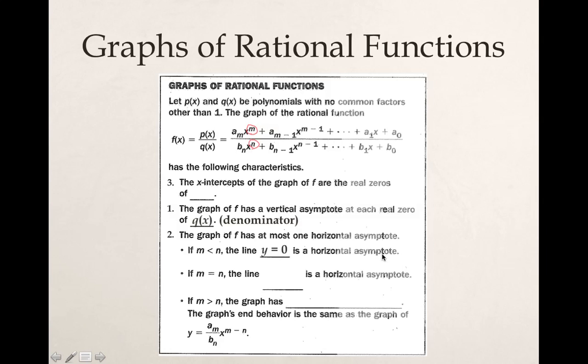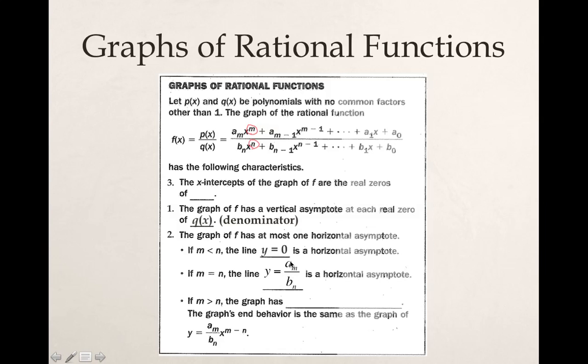So the x-axis is going to be the horizontal asymptote every time m is less than n. If these two degrees, these two exponents, are equal to each other, then the line will be determined by taking a sub m over b sub n.